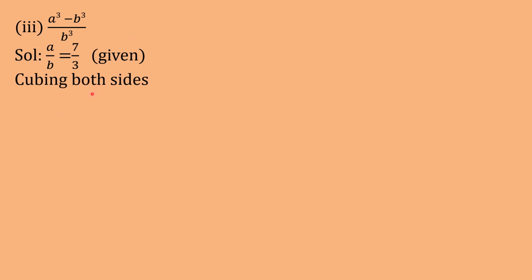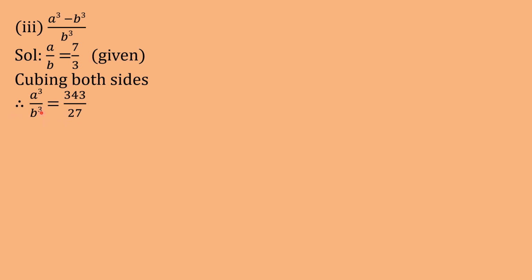When you do cubing on both sides, a cube upon b cube equal to, what is 7 cube? 7 into 7 is 49, 49 into 7 is 343. So 7 cube is 343 and 3 cube, that is 3 threes are 9, 9 threes are 27. So a cube upon b cube is equal to 343 upon 27.